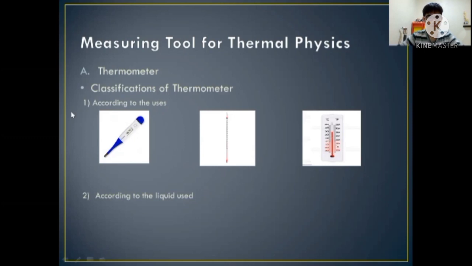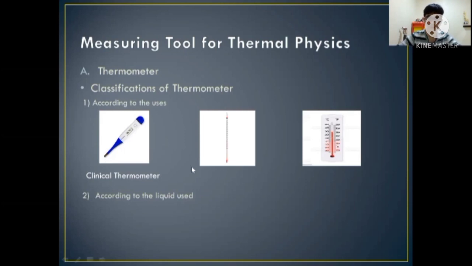The first one here, the blue and white one, is the clinical thermometer. It's basically used in a clinic, of course. It's obvious from the name itself that it's used in a clinic, or sometimes in a hospital.